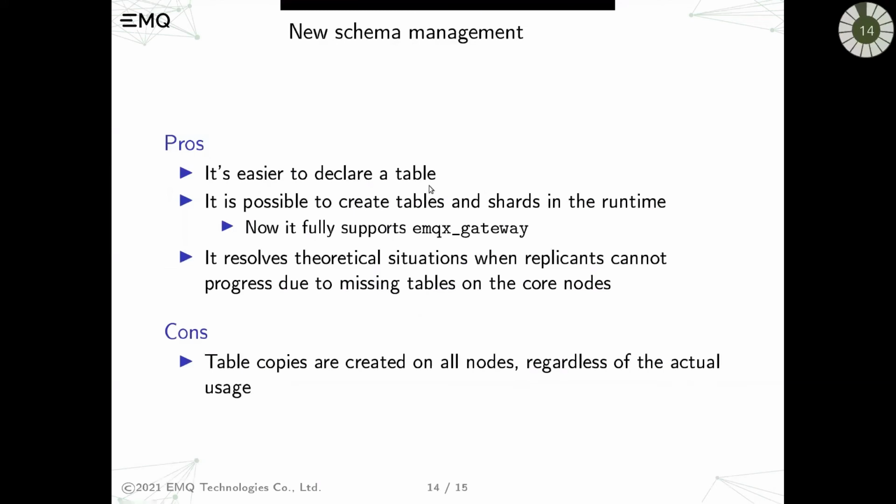So it's much easier to declare a table now. It's possible to create tables and shards at runtime, which is needed to support the EMQX gateway feature. And it resolves some theoretical problems with missing tables and whatnot. There's one con to this approach, which is that table copies are created on all nodes, whether or not they are needed there or not.